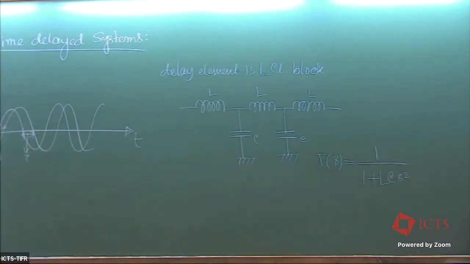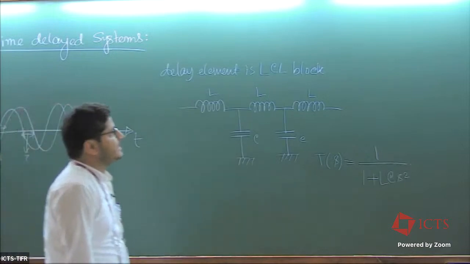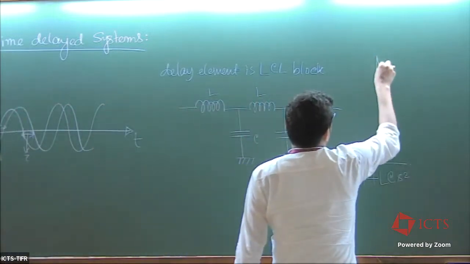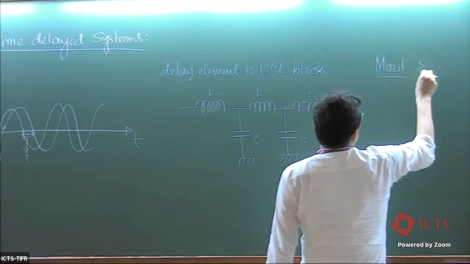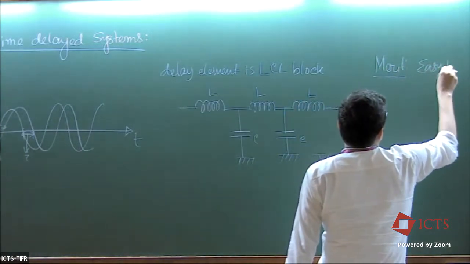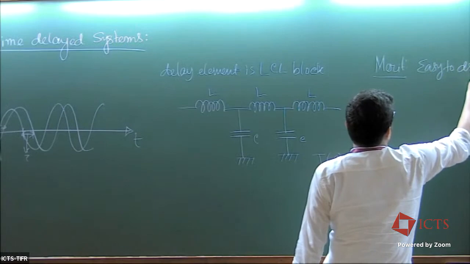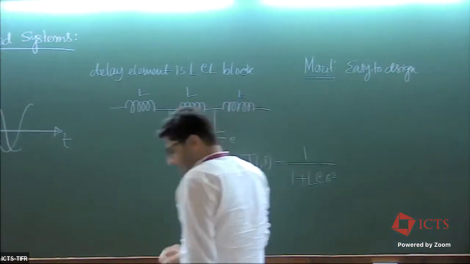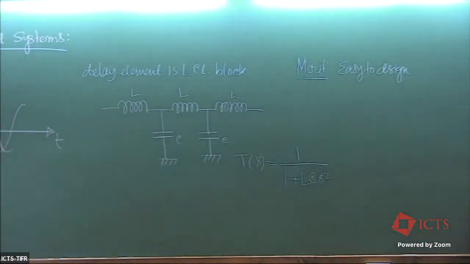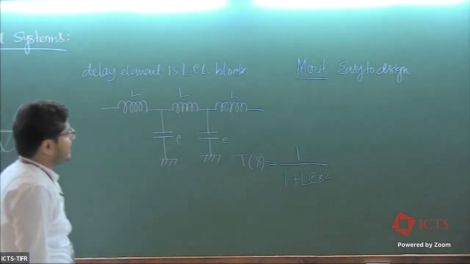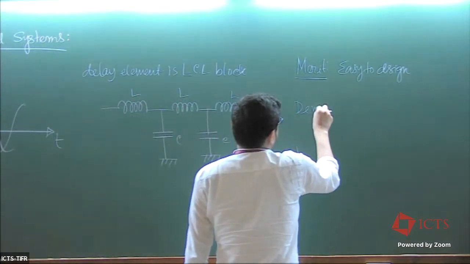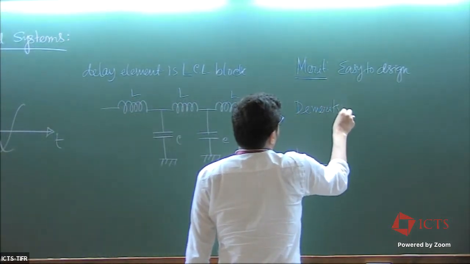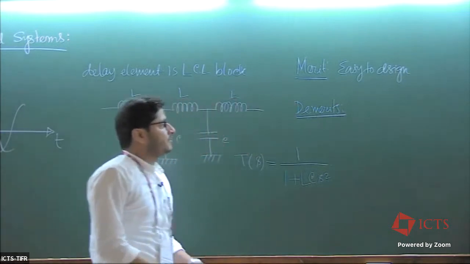It has some merits and some demerits. Merit: it is easy to design. Just connect L and C in this way, and you can get the time delay effect. But there are a lot of demerits.